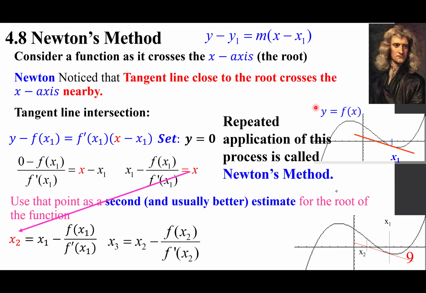The repeated application of this process is called Newton's method. And we say x sub n plus 1 is x sub n minus f of x sub n over f prime of x sub n. Please understand, Newton's method comes from the tangent line. The point-slope form is the fastest and easiest way to understand this.